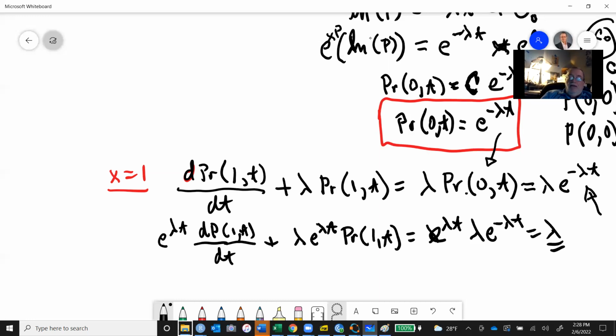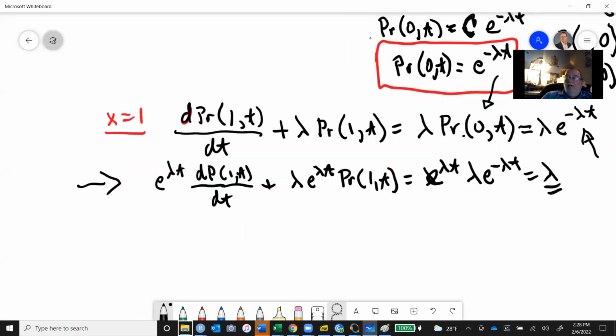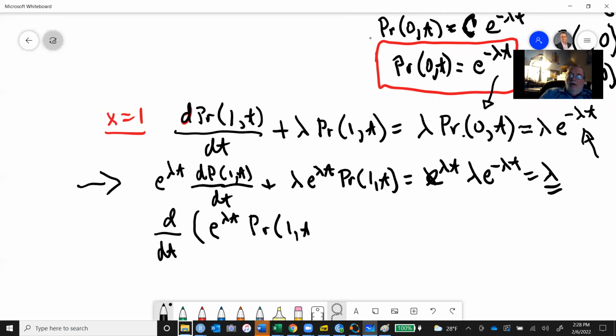And what is this? That's the product rule. It is simply the product rule. Okay, Bill, it's the product rule, so what? So this is equivalent to saying d over dt of e to the lambda t P1 t.